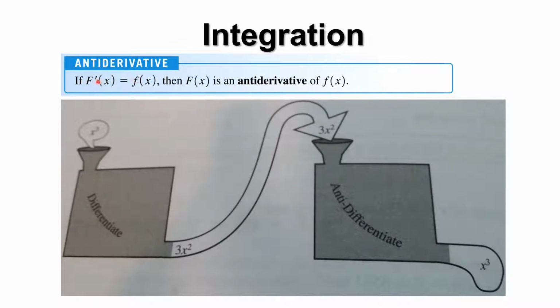Antiderivative. The antiderivative concept simply means, for example, if you have the function x cubed and you differentiate x cubed, you will get 3x squared. And when this 3x squared function, which is actually dy/dx, is being integrated, which simply means anti-differentiated, it will produce x cubed.